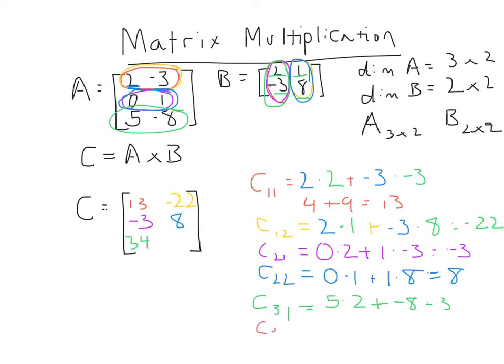And for C32, we are going to have third row, second column. We're going to have 5 times 1 plus 8 times negative 8. And that's going to be, let's see, negative 59.